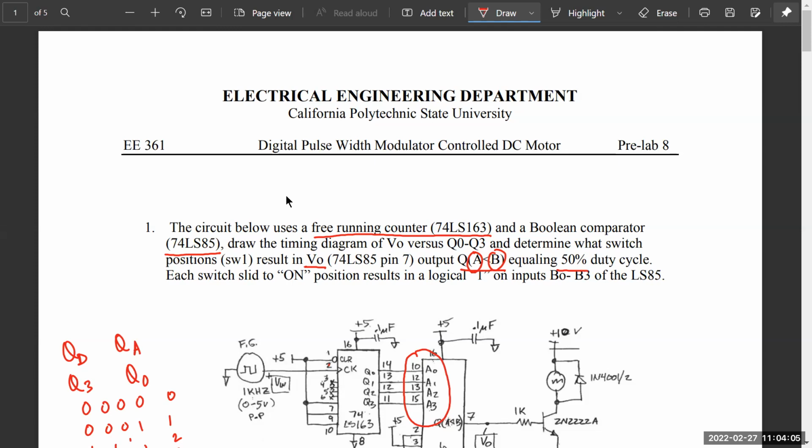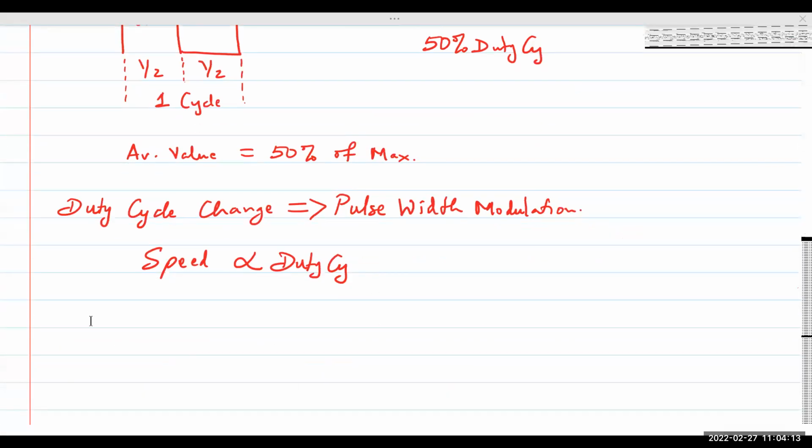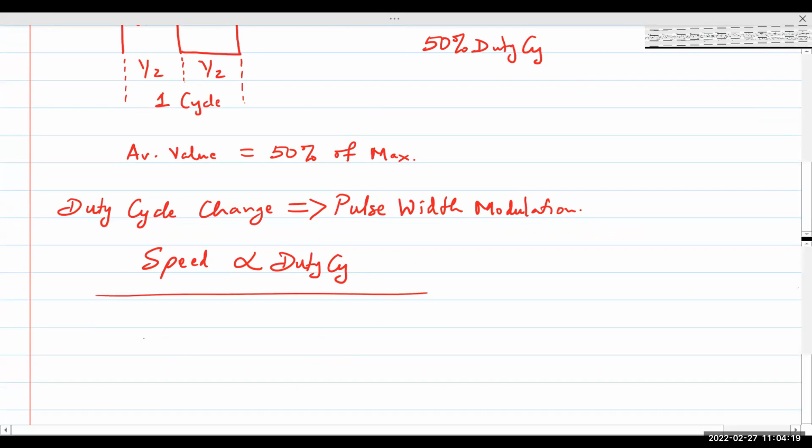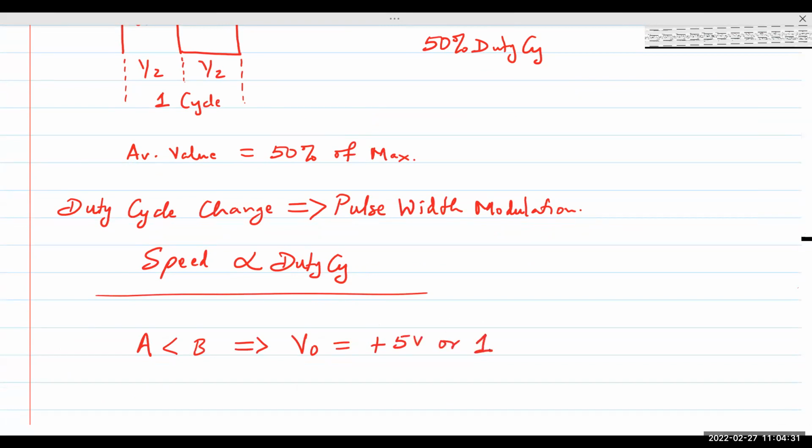Let's break it down. In order to generate a 50% duty cycle, A less than B would give us VO as plus 5 volts, or logic 1, or logic high.